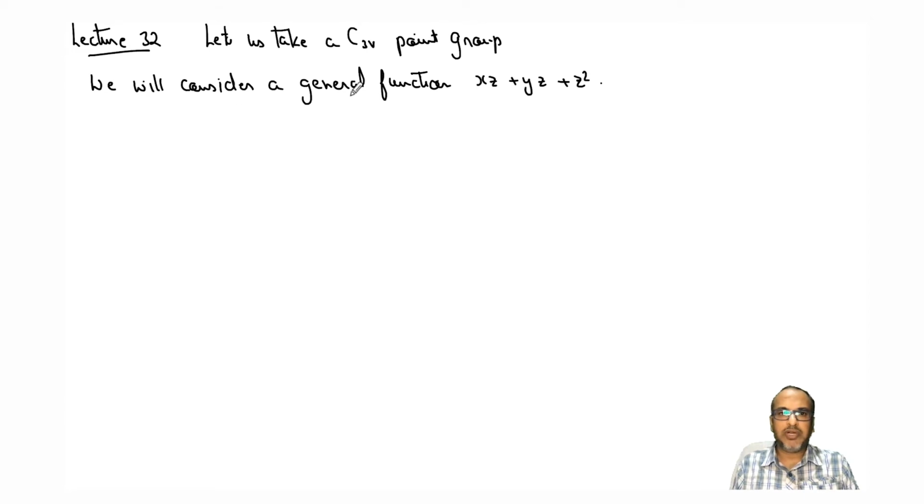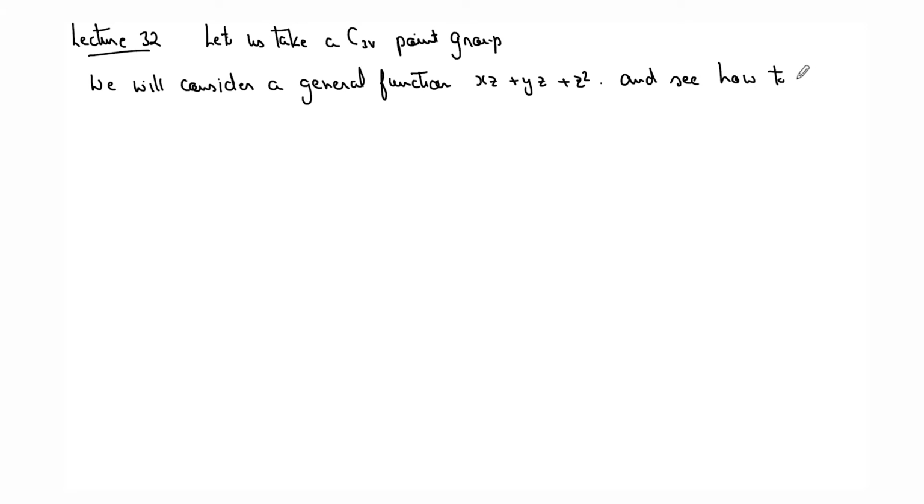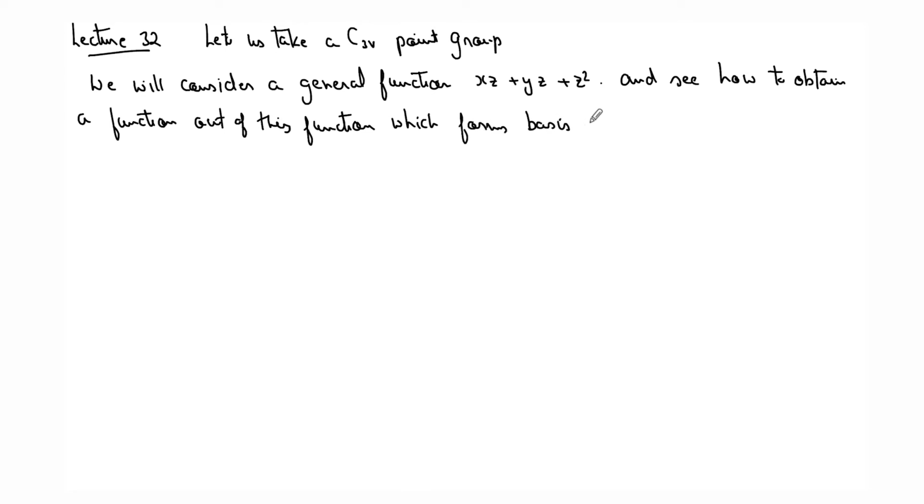Okay, so we will consider this general function under the C3V point group and see how to obtain a function out of this function which forms the basis of the E representation.